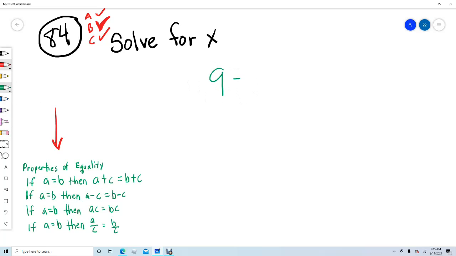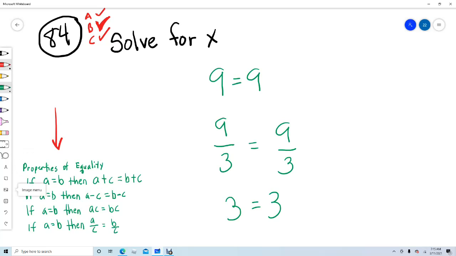If 9 equals 9, then 9 divided by 3 equals 9 divided by 3, because 3 equals 3. Okay, and that would be rule 4. So in section C, they give you the properties of equality, and they just want you to grasp these universal truths and know that this is actually what you're doing when you're solving for x.